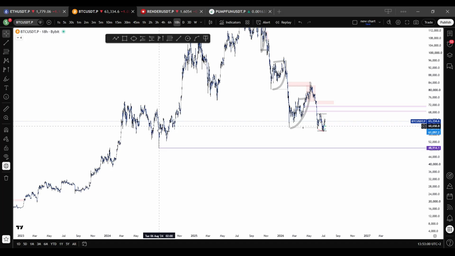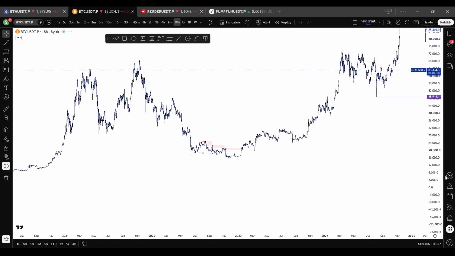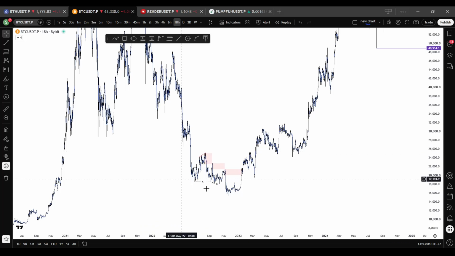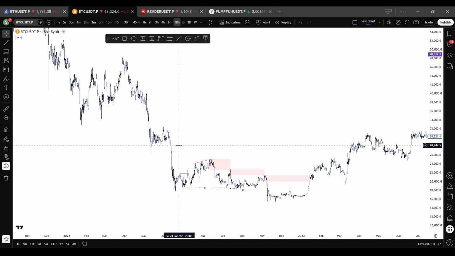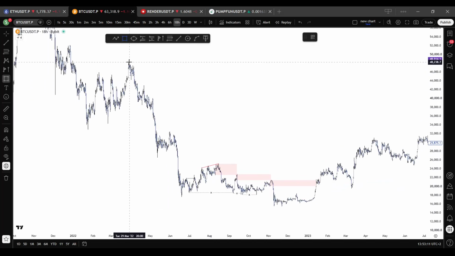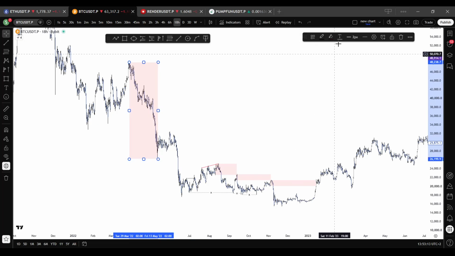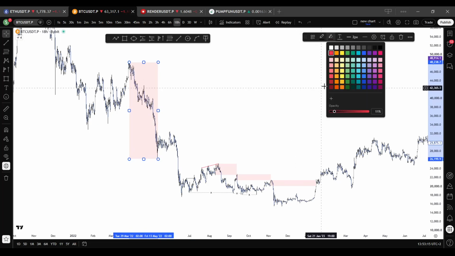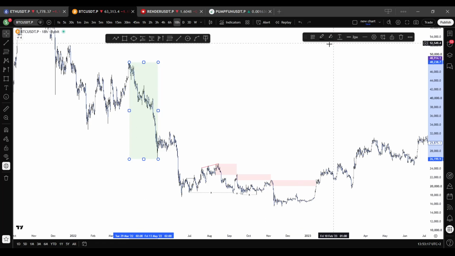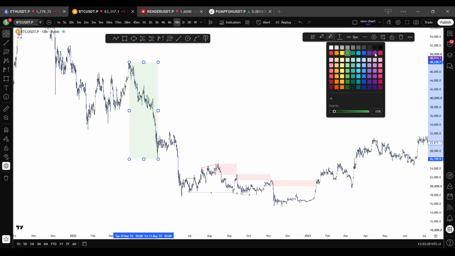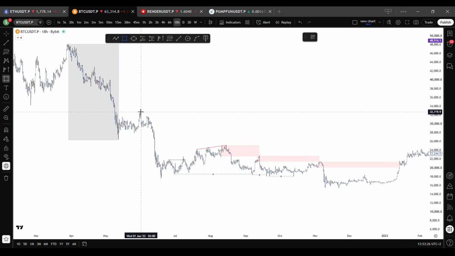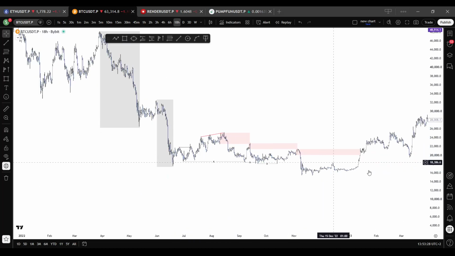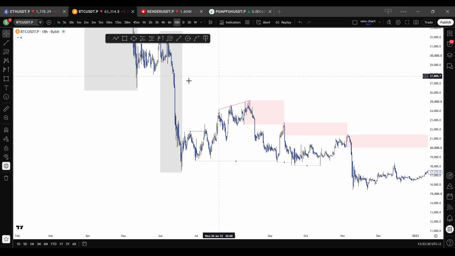The other thing I want to talk about is if we compare what happened in the past to now, you can see that every time, it's been the same playbook, like 2022. I'll switch the colors to black. We had been expanding to the downside, and here it's been kind of the same.